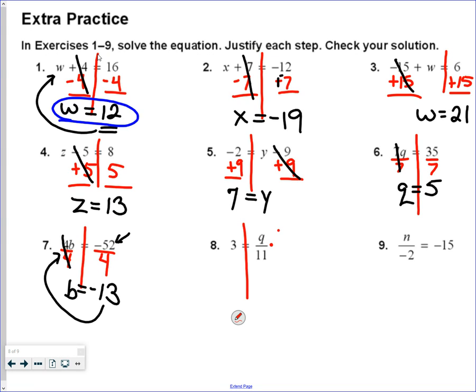I'm going to multiply by 11, or you can think of it as 11 over 1, to both sides. And what that does is cancel those 2 things out to be 1, because that would be 11Q over 11. Okay. This side gives me 33, and that gave me just Q or 1Q.